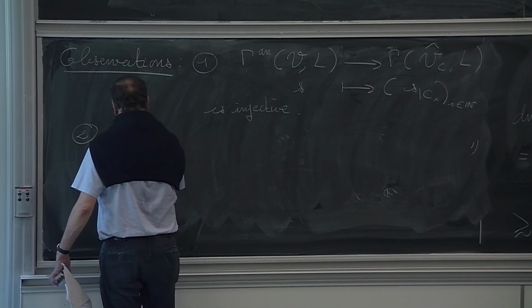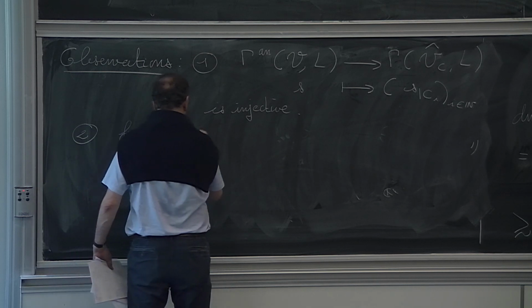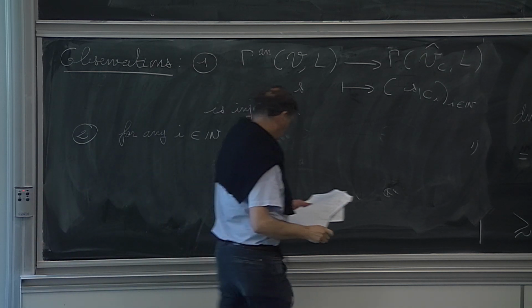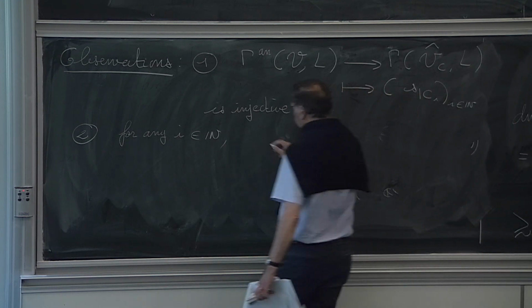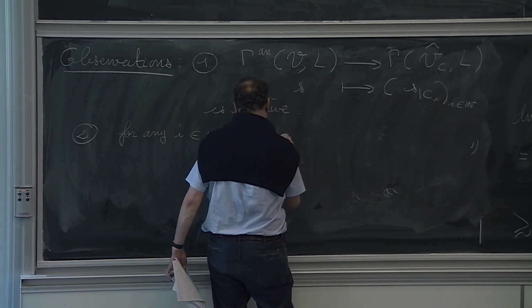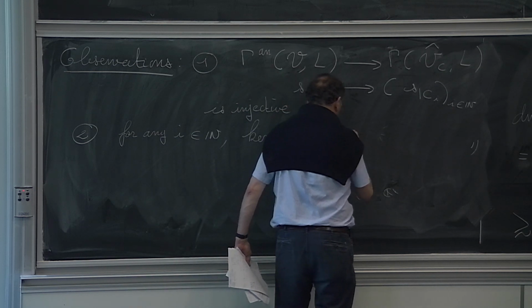for any i, the kernel of the map Qi may be identified with something quite concrete.